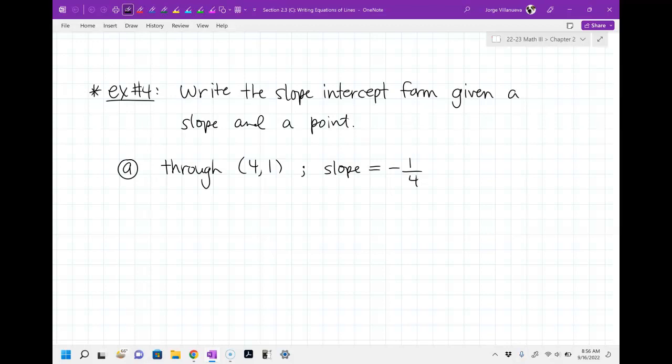Okay? So what I know based on this information is that I have this point, (4, 1), and m equal to negative 1/4.